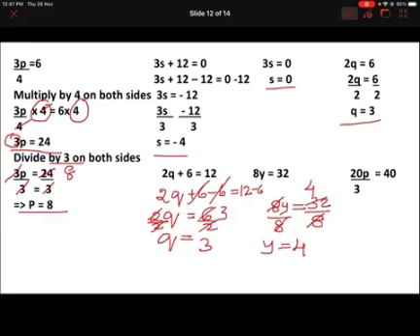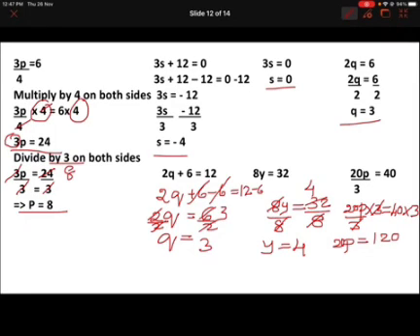In this case, first multiply by 3. So 20p by 3 into 3. Why? Because I want to get rid of 3. 40 into 3. So 3 gets cancelled. So 20p equals 120.